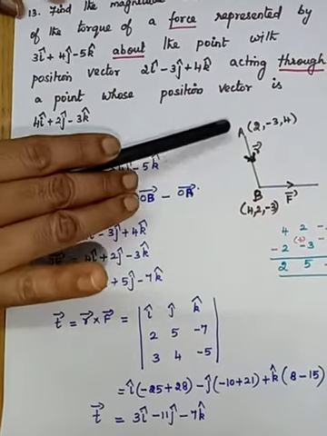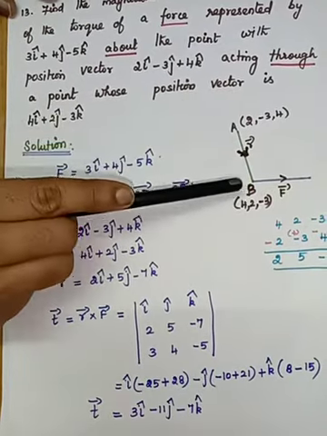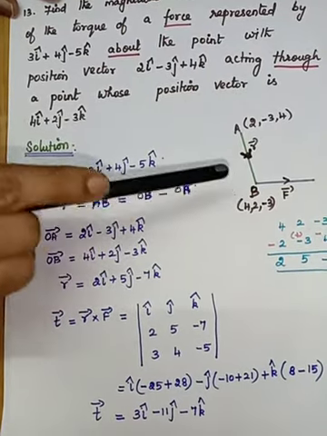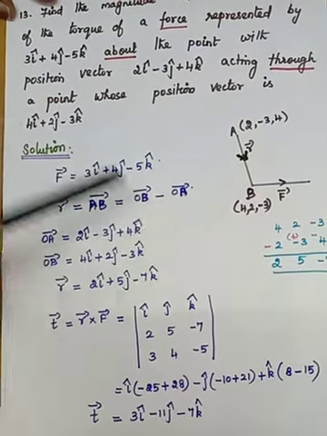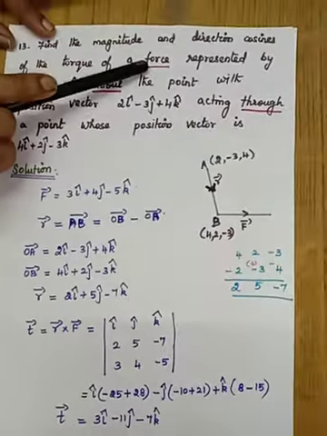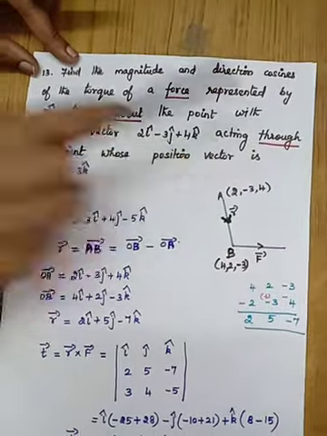Okay, moment of the force. So here A point is about the point and B is nothing but the force acting through the point. Okay, so I have underlined the words force, about and through the point.